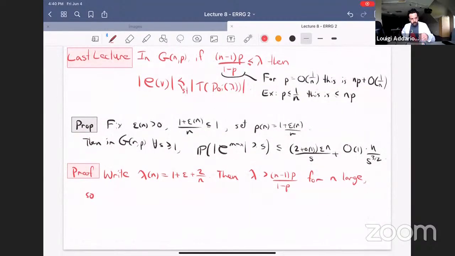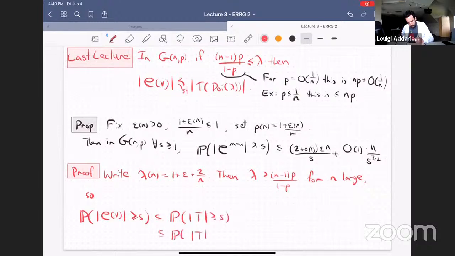So this stochastic inequality here tells me that the probability that a single component size is bigger than s is at most the probability that a Poisson lambda Galton-Watson tree has size bigger than s, and I'll just bound that by the probability that that tree is infinite plus the probability that its size is bigger than s, given that it's finite.